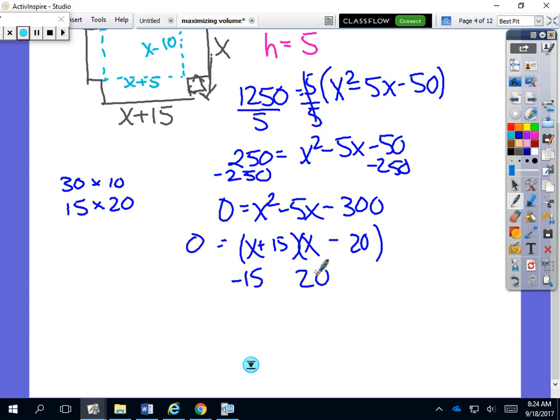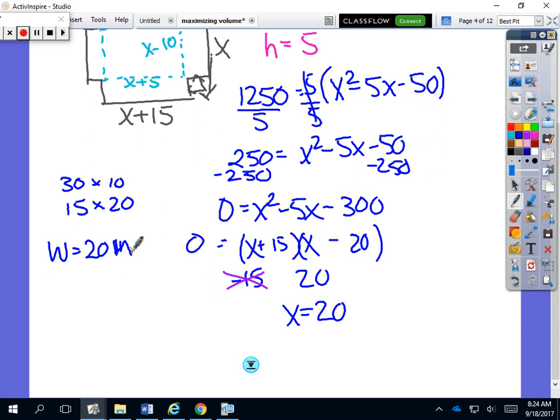Now remember, we're looking for dimensions of a box. Our dimension can't be a negative number, so we can't use that negative 15. So that means the x, or our width, is 20. So the width is 20. We already know the height was 5 because that was given to us in the problem.